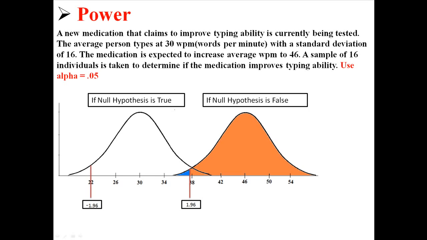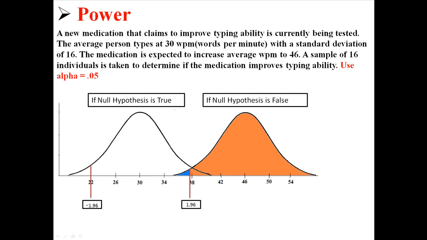So let's say we're going to do a test and we're just using the regular distribution, if the null hypothesis is true. So anything that is above 1.96, that means we're going to reject the null hypothesis because it falls outside of that 95%.